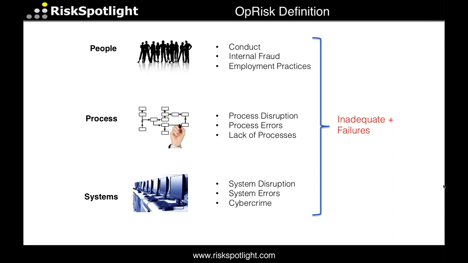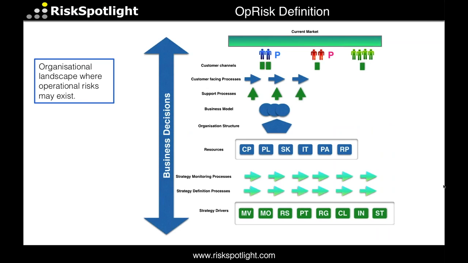From a system perspective, we could be looking at disruption to the systems, or errors within a system, where maybe we are calculating the mortgage interest rate incorrectly for some customers. And cybercrime is of course a big category of risks in that systems category.